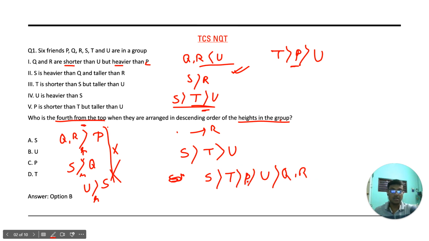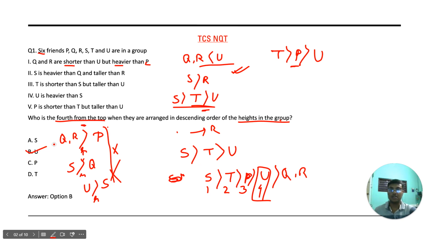I guess we have covered all the persons, 1, 2, 3, 4, 5, 6. There were 6 people and we have covered 6 of them. Now the question says fourth from the top. So S is first, then T is second, P is third, and U is fourth. So our correct answer for the question is U. That is option B.